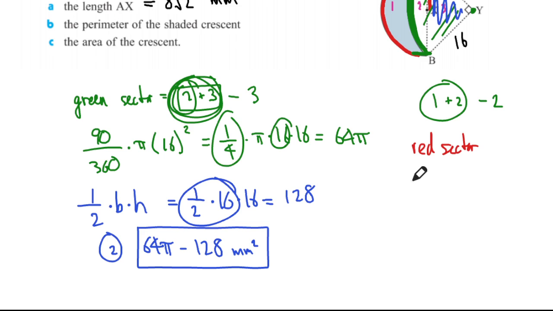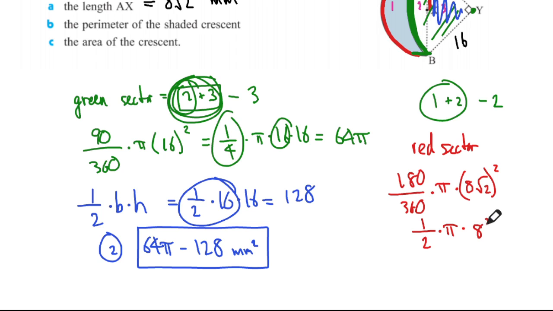Red sector is 180 over 360 times pi times r squared. Now r in this case was 8 times the square root of 2 squared. So we have 180 over 360 is 1/2 times pi times 8 times the square root of 2.